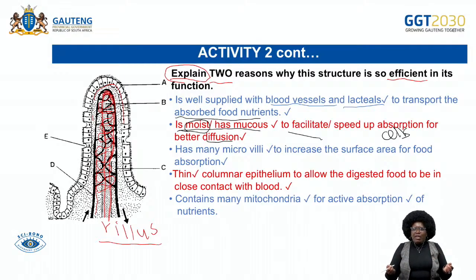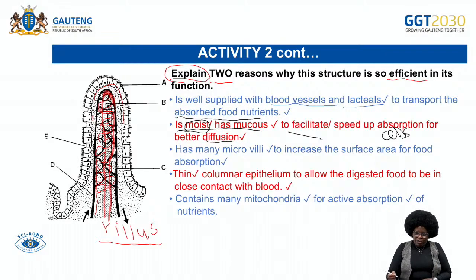And the presence of many microvilli, and what does it do? It increases the surface area for food absorption. And thin, which is the one film layer of columnar epithelium, to allow digested food to be in close contact with the blood.